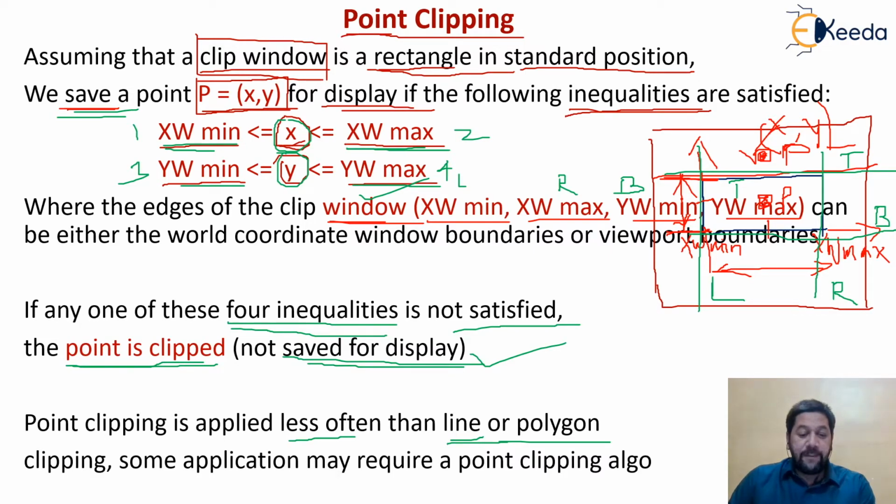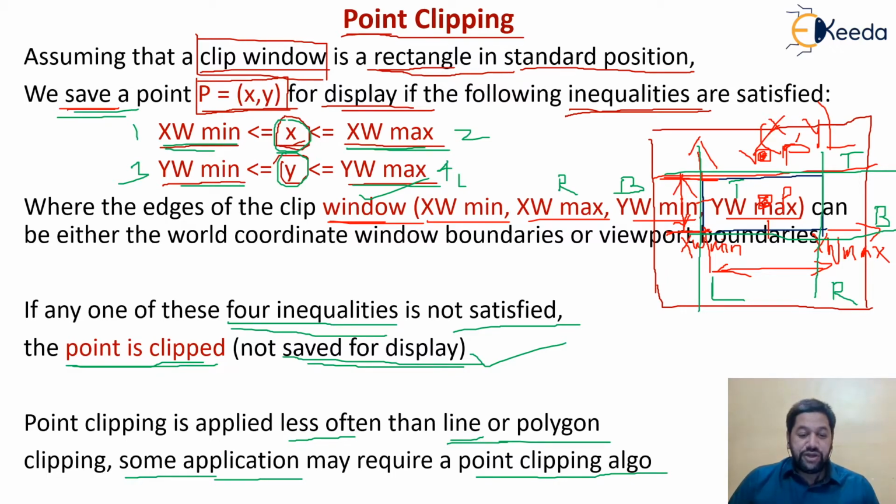But there are some applications that may require a point clipping algorithm, where you have to display the point or not, depending upon whether the point is inside the clipping window or outside the clipping window.